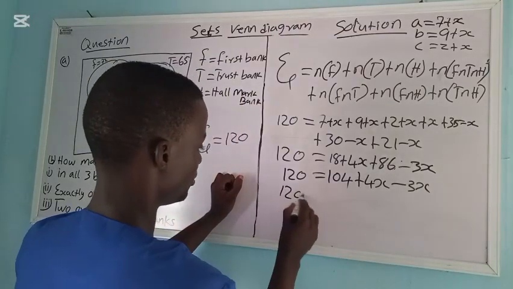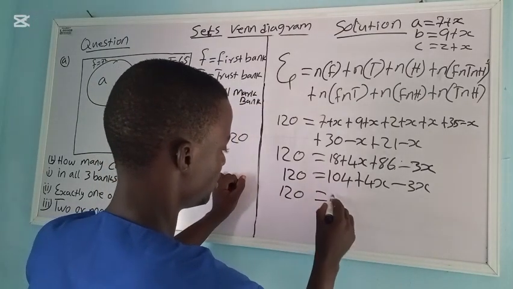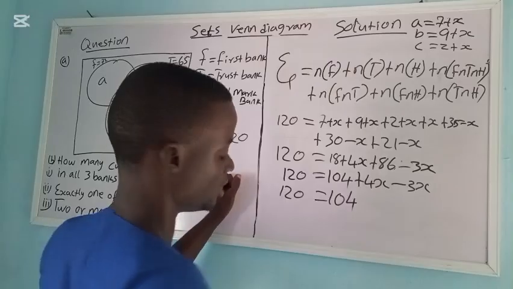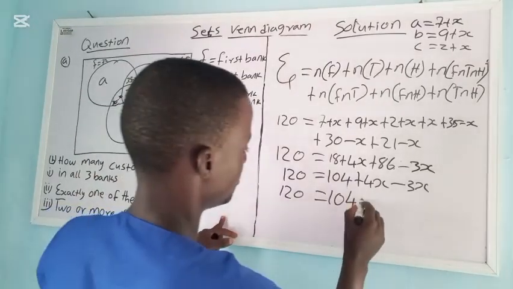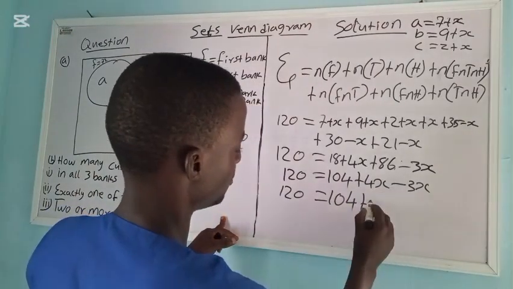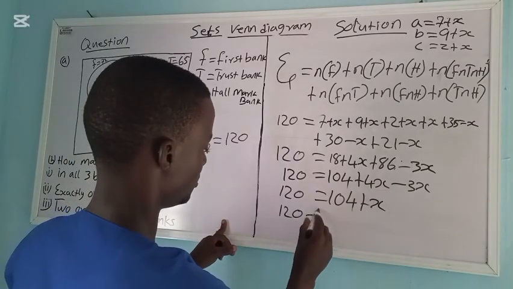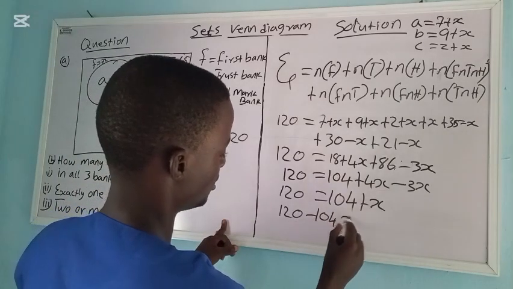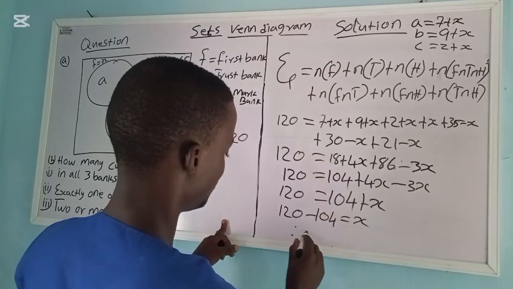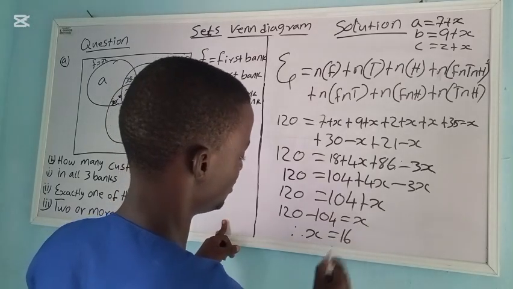So 120 is equal to 104, and 4x minus 3x we have plus x. So this one crosses to this side, you have 16 is equal to x. So therefore x is equal to 16.